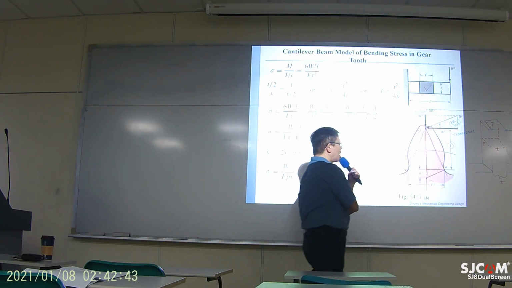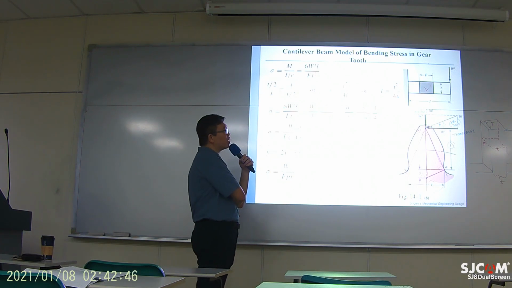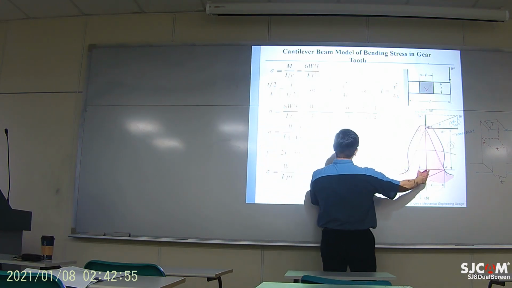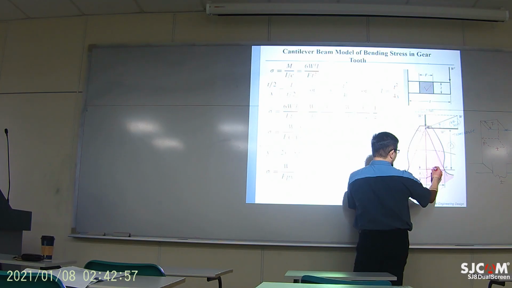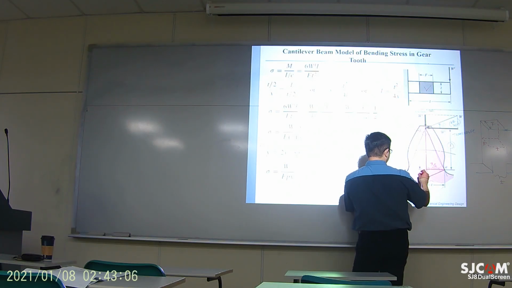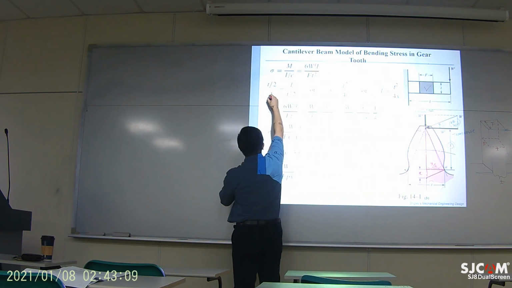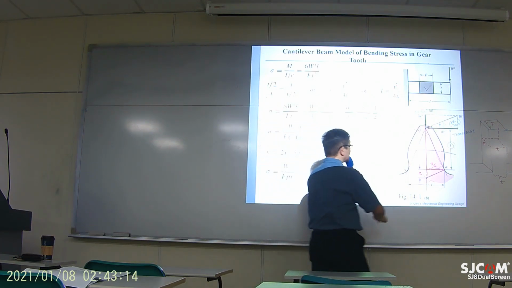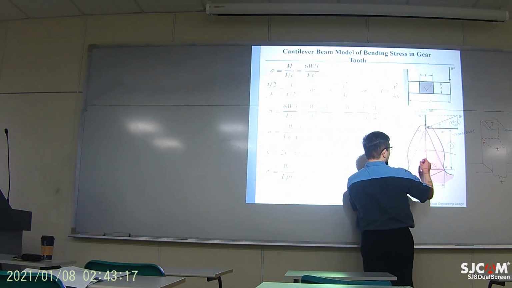They are triangles in similar shapes, so the ratio of their edges will be the same. For the small one, the ratio between this part, T over 2, versus X, T over 2 over X, will be the same as this vertical line here, which is L over T over 2.